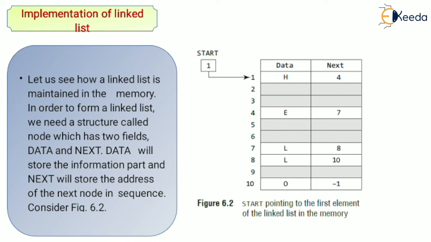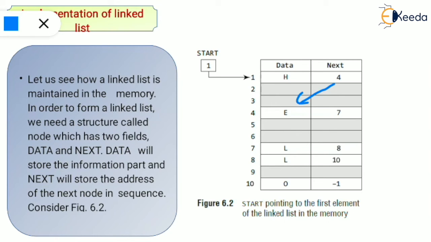The second data element obtained from address 4 is E. Now from that location we got E. We repeat this procedure until we reach a position where the next entry contains -1 or null. So here we are following the same procedure till we get the null.